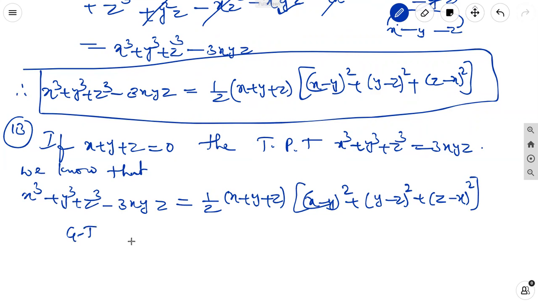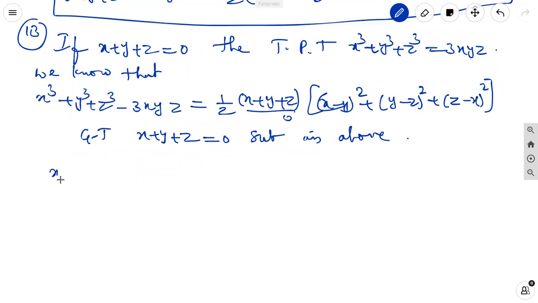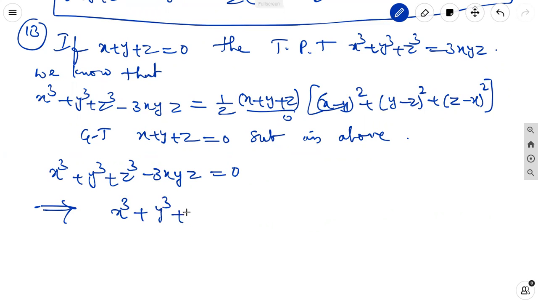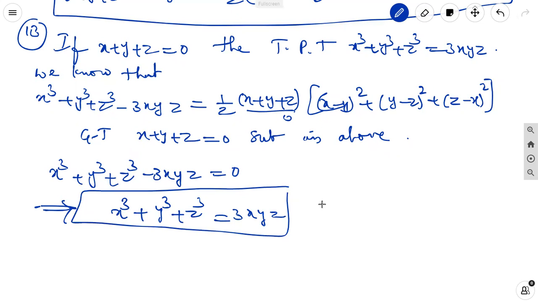Given x plus y plus z is equal to 0, substitute in the above relation. Then it should be 0, and 0 into something is 0. We get x cube plus y cube plus z cube minus 3xyz equal to 0. Transposing the 3xyz term to the right side, we get x cube plus y cube plus z cube equal to 3xyz. It's important.